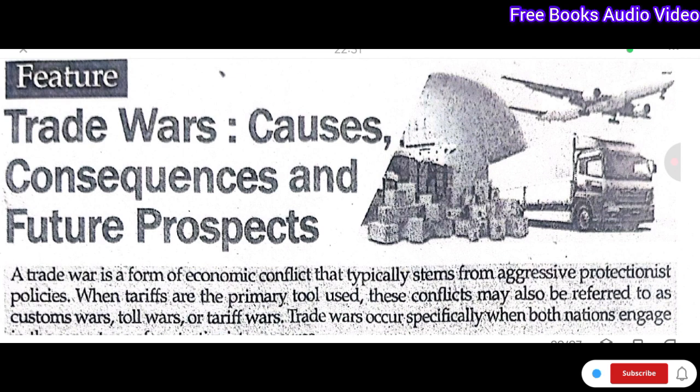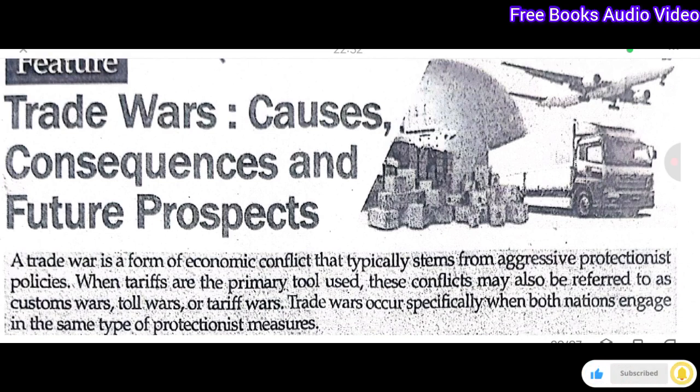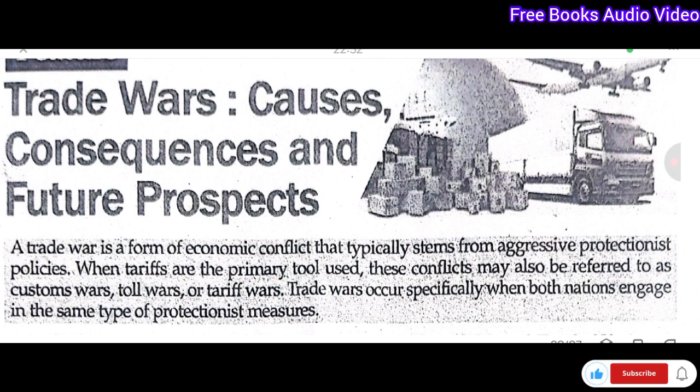When tariffs are the primary tool used, these conflicts may also be referred to as customs wars, toll wars, or tariff wars. Trade wars occur specifically when both nations engage in the same type of protectionist measures.